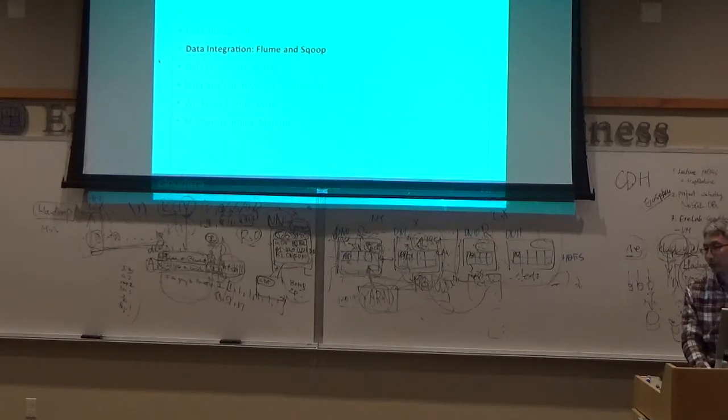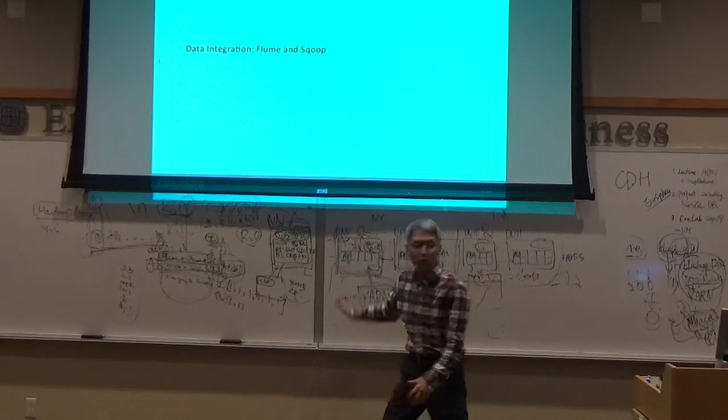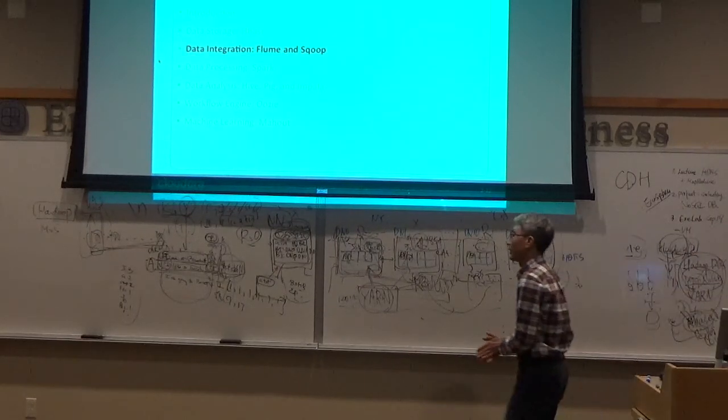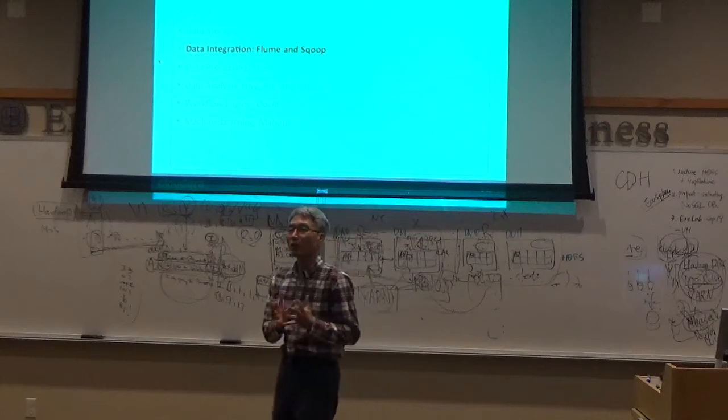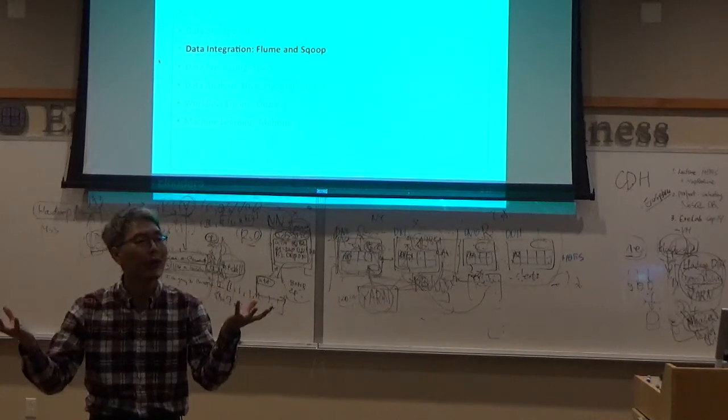It's key-value, so it supports the key and value. Then Sqoop and Flume. Nowadays, as I said, the NoSQL database cannot replace a relational database. Instead, they are working together.